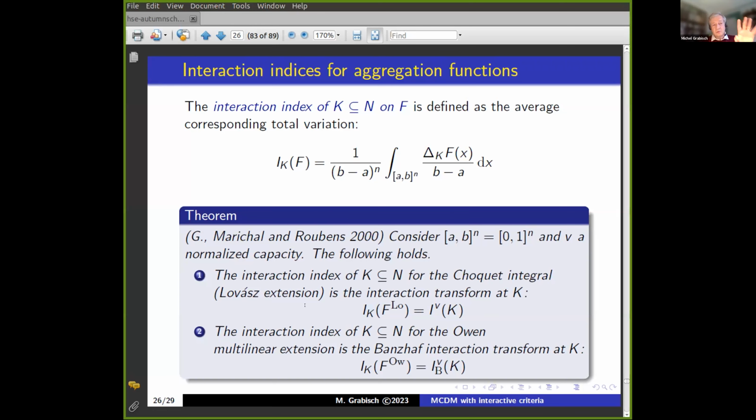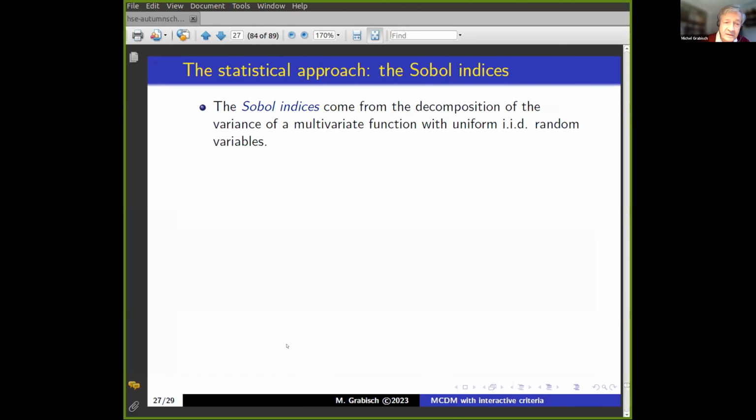If you take the Choquet integral, then you must take the interaction index as defined before. If you take the multilinear extension, then you must take the Banzhaf interaction transform, which is not the same.